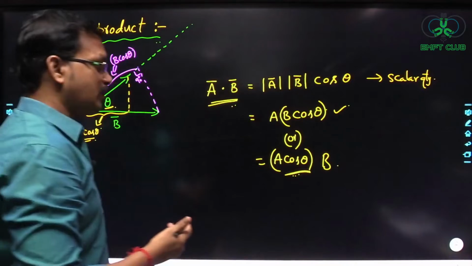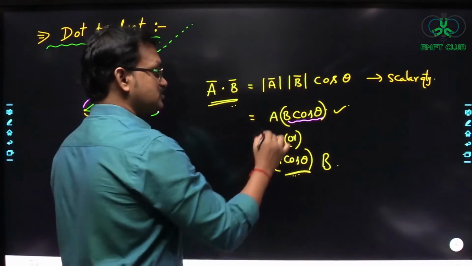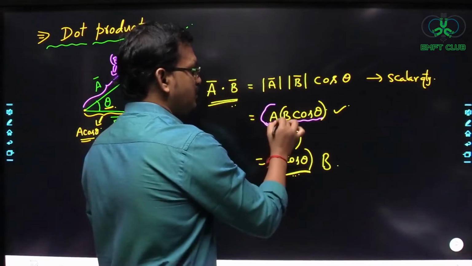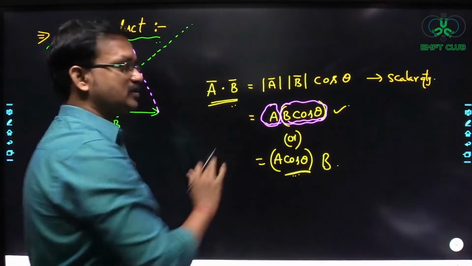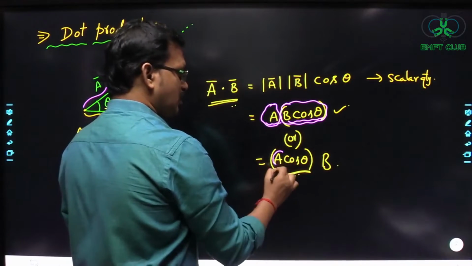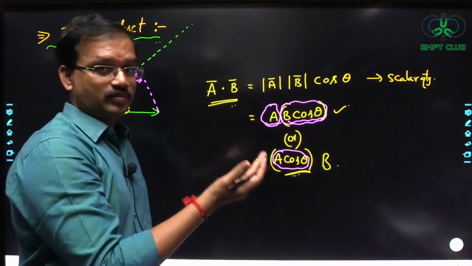Now if you observe here, this b cos theta is pointing along a bar and this a is also along a bar only. So that means you are multiplying the two quantities that are pointing in the same direction. And here, a cos theta is the component of a bar along which direction? Along b bar. Yes or no?